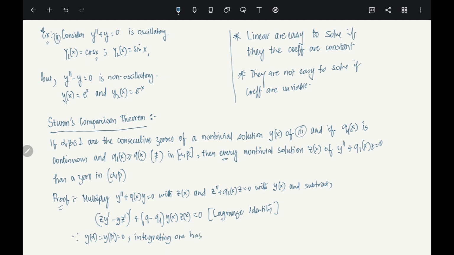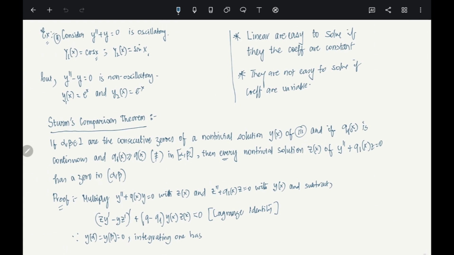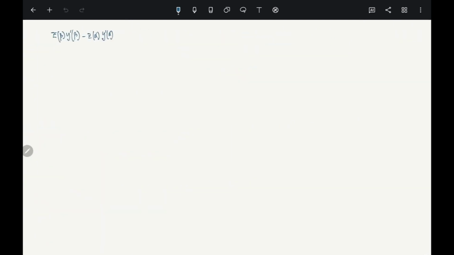You integrate this thing, and you are going to get z at beta, y prime at beta, minus z at alpha, y prime at alpha. That is what remains, because y at alpha and y at beta are 0, so those terms are not there. This is the only term which is remaining.